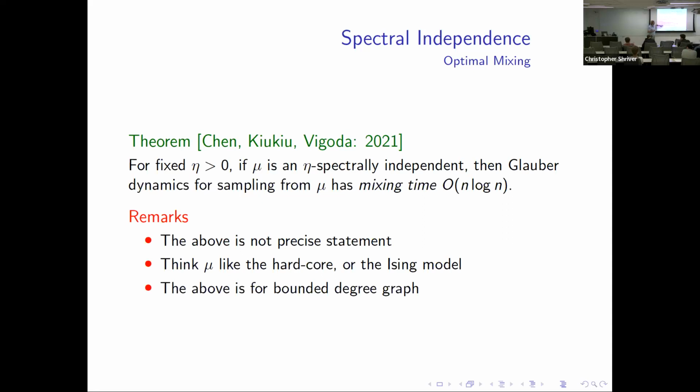So what I was saying: if your eta is bounded, spectral independence basically implies mixing time n log n. And how is the earlier result I showed you derived? Basically, in the uniqueness region, you can find a fixed eta such that the corresponding Gibbs distribution mu is eta-spectrally independent.